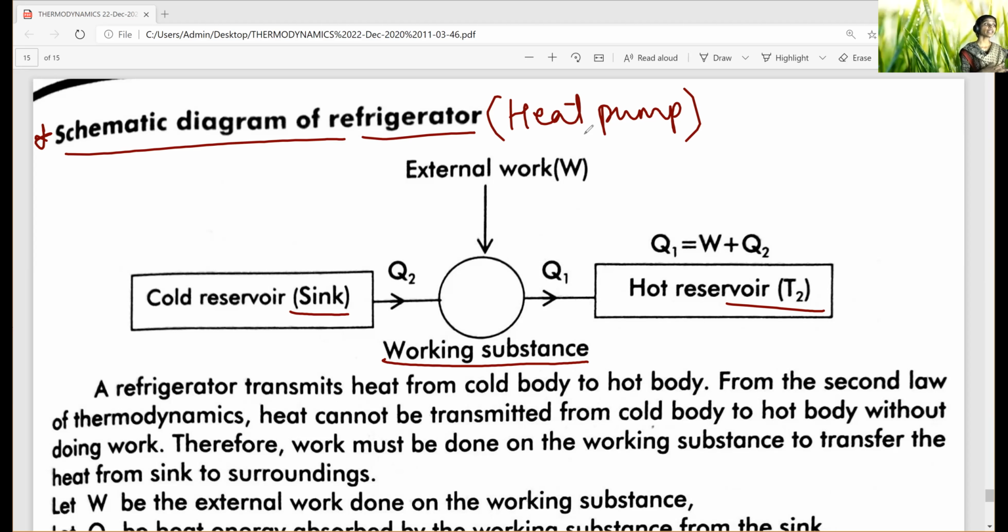The refrigerator transmits heat from a cold body to a hot body. According to the second law of thermodynamics, heat cannot be transferred from a cold to a hot body without doing work.